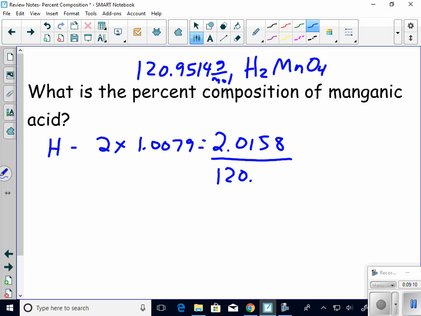How many of the 120.9514? What percent? 1.67% of that is hydrogen.